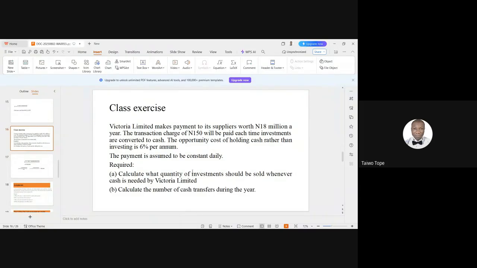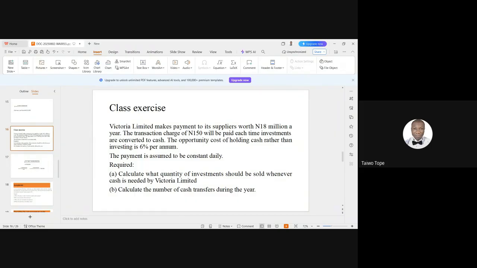So the payment is assumed to be constant daily. We are working based on the cumulative value, so we are not breaking it down to see how much we are getting per day.